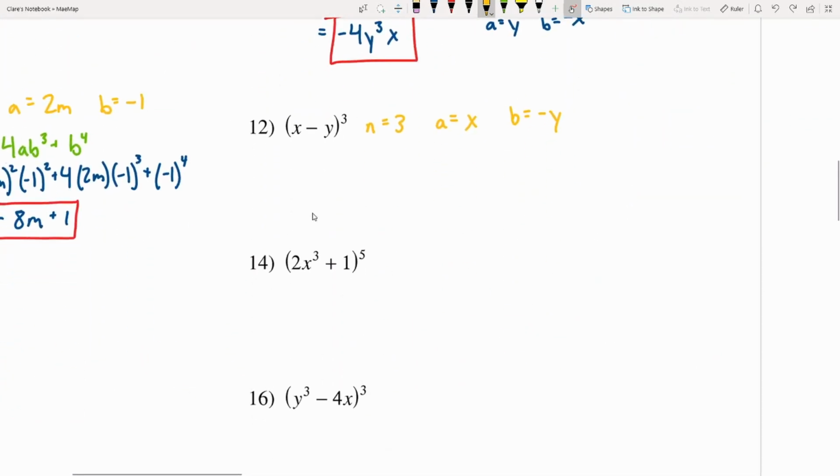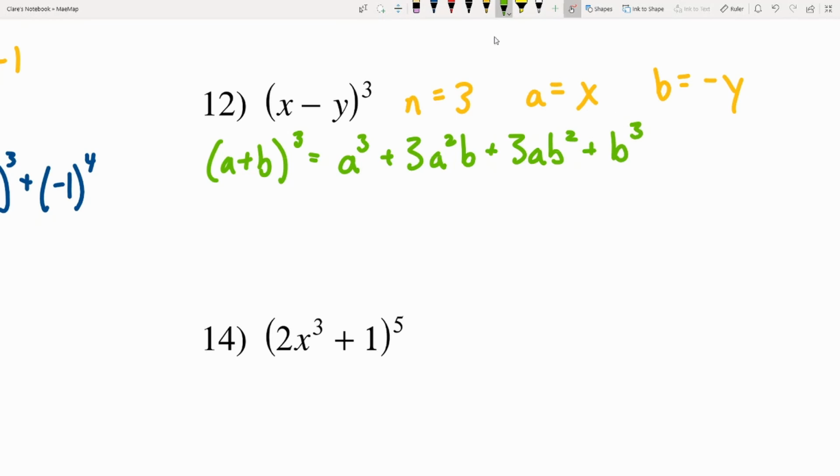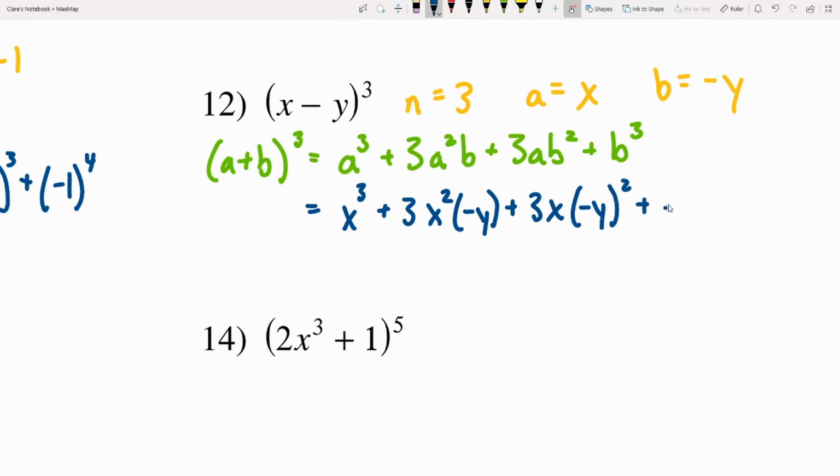So going back and writing that in, a plus b, that quantity cubed, is equal to a cubed plus 3a squared b plus 3ab squared plus b cubed. Now all I gotta do is fill things in. A is x, so that'll be x cubed plus 3 times x squared times b, which is a negative y, plus 3 times x times negative y squared plus a negative y cubed.